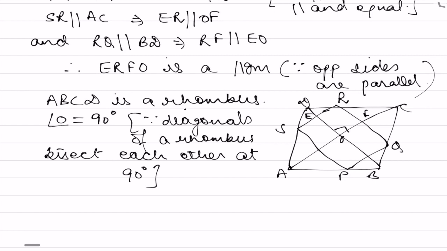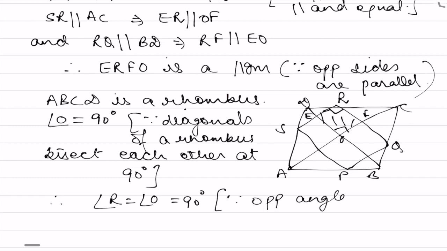Now if angle O is 90, that means angle R will also be 90 because we have proved ERFO is a parallelogram. So opposite angles of the parallelogram are equal. Therefore, angle R is equal to angle O. Both are equal to 90 because opposite angles of a parallelogram are equal.